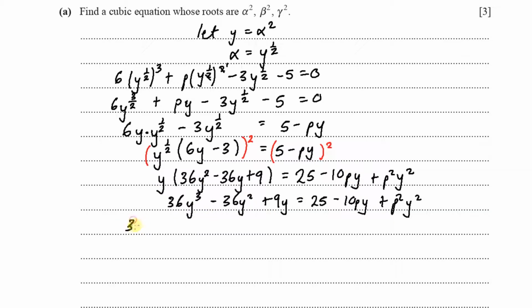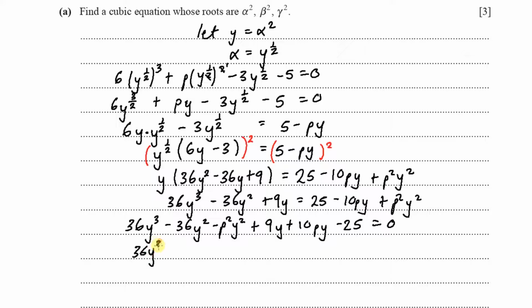So we'll be having 36y cubed minus 36y squared, and from the right side I take the p squared y squared, so it becomes minus p squared y squared. I take the 9y and minus 10py coming to the left side will now become plus 10py, and that's minus 25, and it's all equal to 0. Let's see what we'll get here.